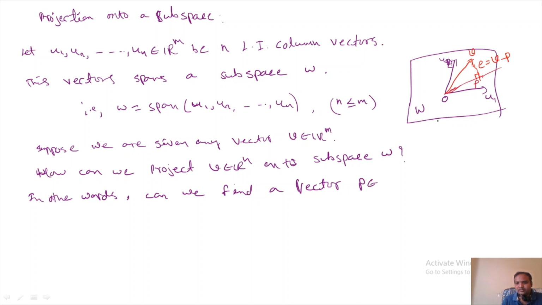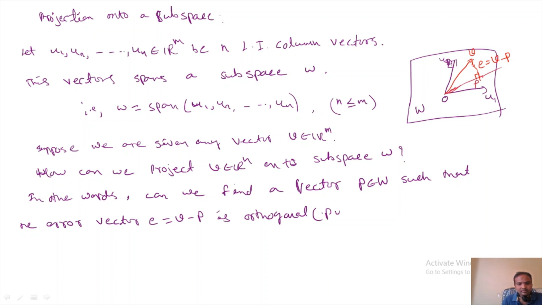The projected vector is also in W. Can we find P belonging to W such that the error vector E, V minus P, is orthogonal, or perpendicular, to all of W?